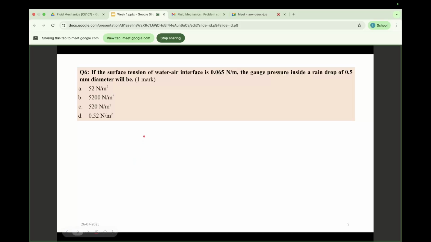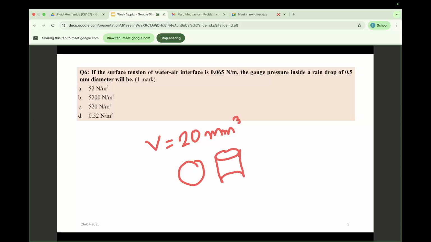Whatever the shape of the droplet, for a given volume, say I fix the volume equal to 20, which surface, if I have a sphere, a cylinder, a cone, and any other shape you can take, a cuboid.